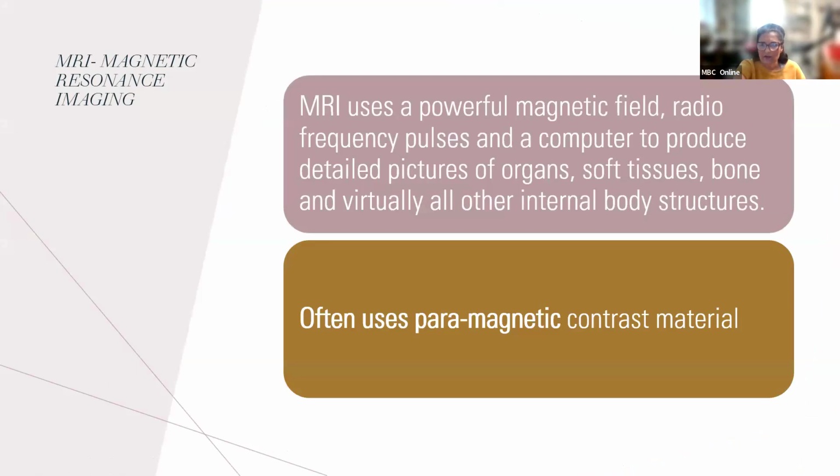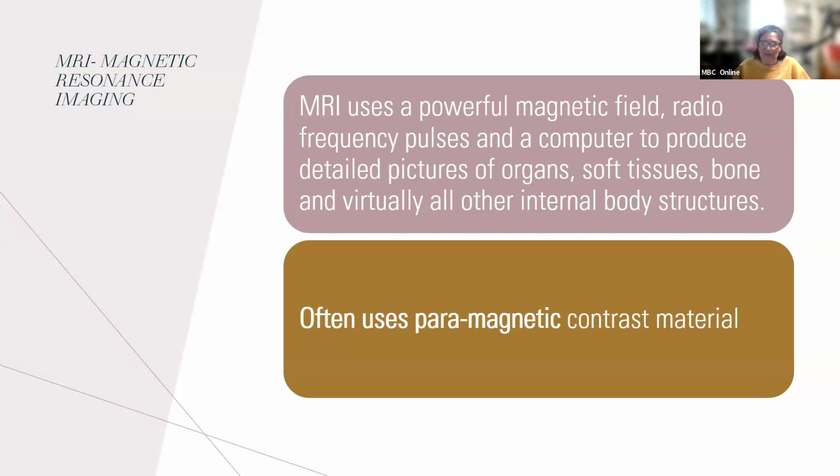Let's talk about MRI, magnetic resonance imaging. The MRI uses a powerful magnetic field, radio frequency pulses, and a computer to produce detailed pictures of organs, soft tissues, bone, and virtually all other internal body structures. So MRI is what's used to really show internal injuries.